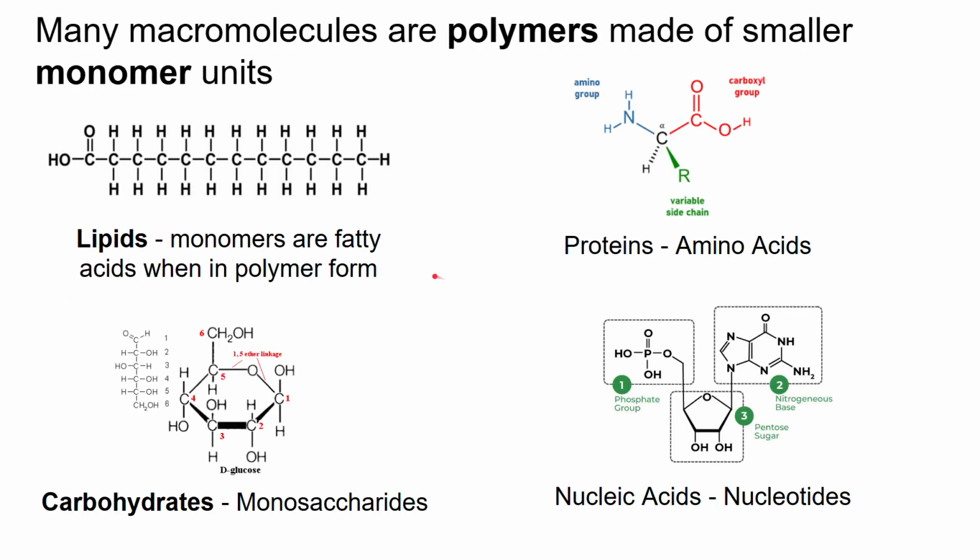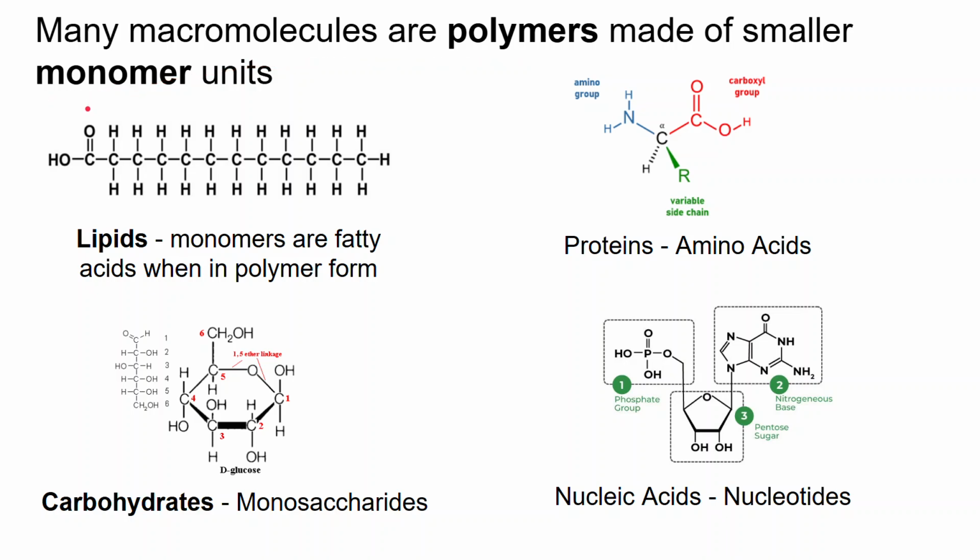All right, let's get into our actual molecules. So in general, our macromolecules are giant molecules that are made of small pieces called monomers. The big molecules are polymers, which means that they are made up of lots of small pieces called monomers.